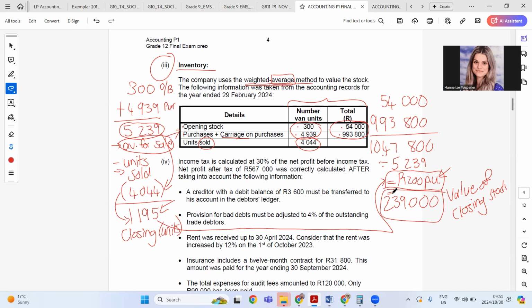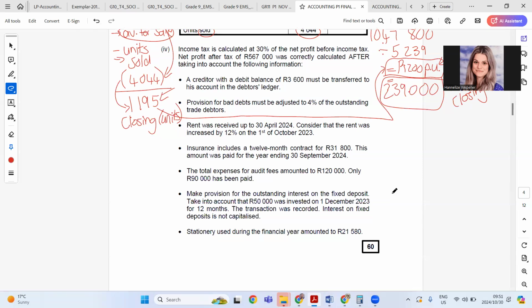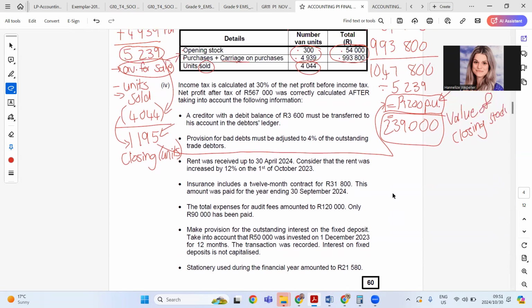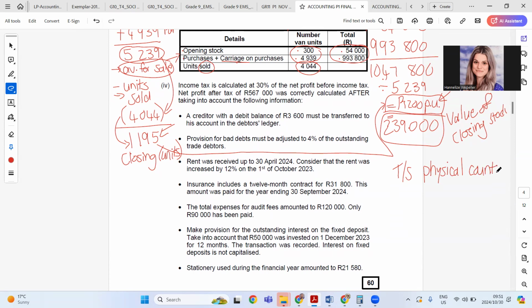The closing units times the average cost per unit gave us the total value of our closing stock. Then keep in mind that you might have to use this moving forward. If I decide to give you a trading stock physical count that revealed trading stock on hand of 240,000, remember, this is your actual stock.